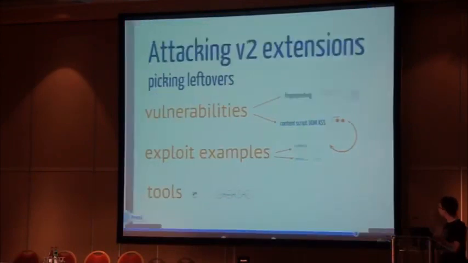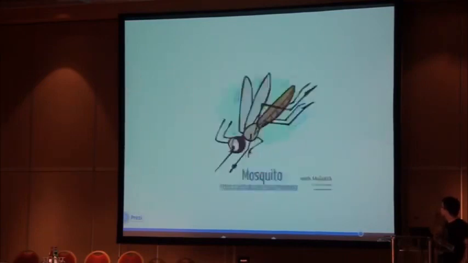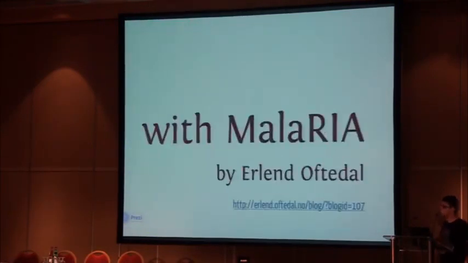What I did is I created a tool to actually abuse this vulnerability. It's called Mosquito. It's called Mosquito because it contains Malaria. Malaria is a project from, I think, 2 years ago or something by Erlend Oftedal, very smart fellow.